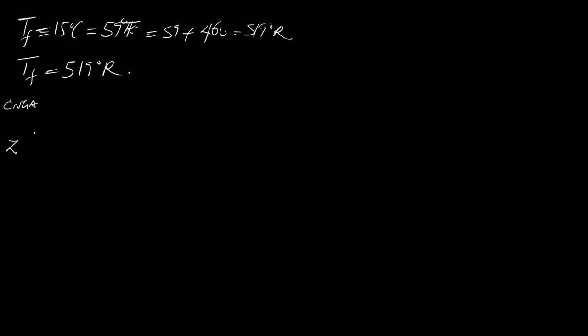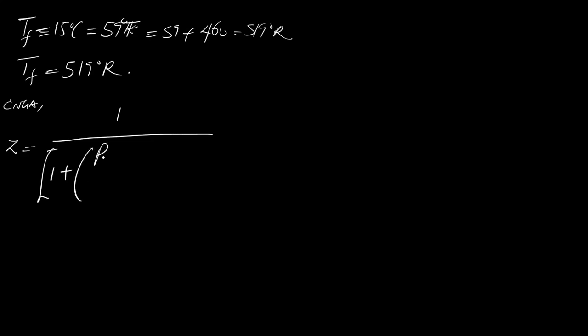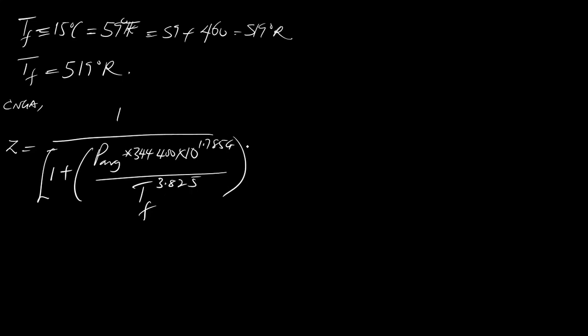Now, applying the CNGA method, you now have the compressibility factor equal to 1 divided by bracket open 1 plus another bracket, average pressure times 344,400 times 10 raised to power 1.785 G divided by the temperature of the gas raised to power 3.825, all in brackets.